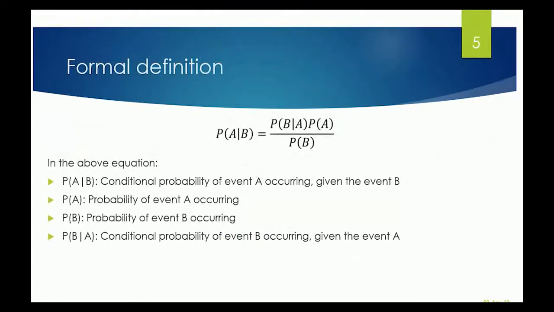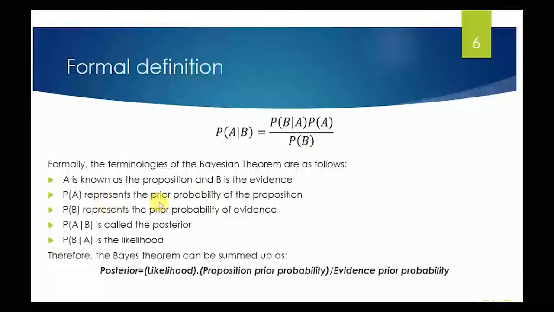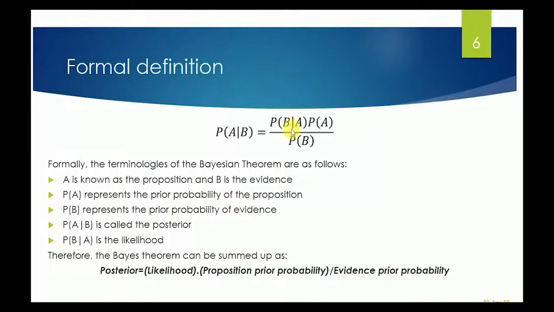Now this is the formal definition, where the conditional probability of event A occurring given event B, that is probability of A given B, is computed by the probability of B given A, the conditional probability of event B occurring given event A, times the probability of A, the probability of event A occurring, divided by the probability of B. P(A) represents the prior probability of the proposition, and P(B) represents the prior probability of the evidence.